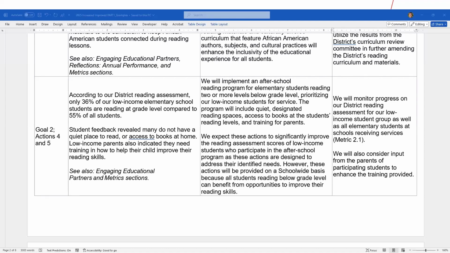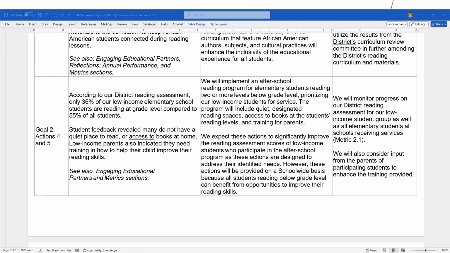As you can see, this summary is summarizing basically what is in actions 4 and 5 in goal 2. If this was a full LCAP, we could go up and look, and actions 4 and 5 would describe what I just read.